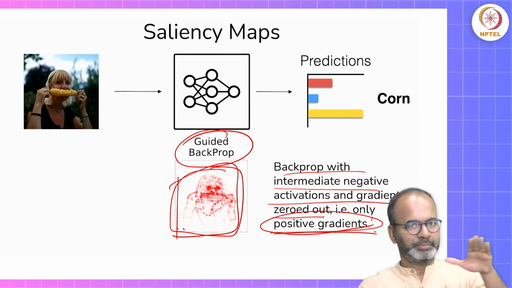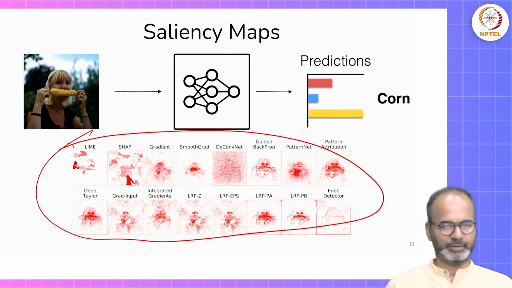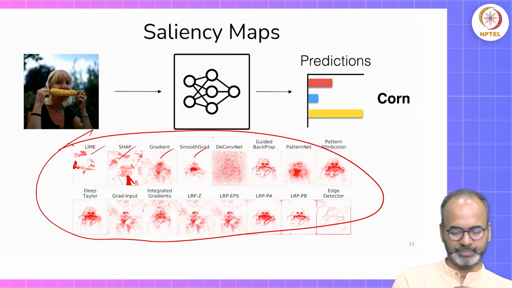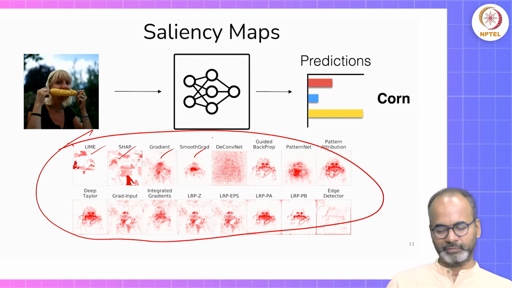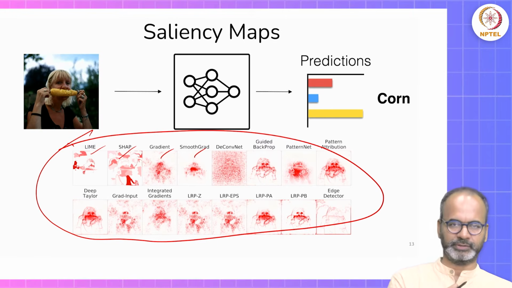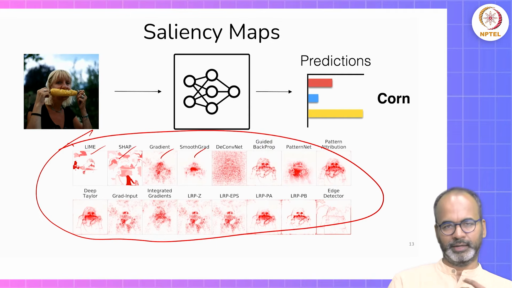So, multiple methods. Next, I'll show you more methods here. We saw only a few, but here is a list of all the methods: LIME, SHAP, gradient, SmoothGrad. There's a whole lot of methods by which you can identify the pixels that are attributing to the classification of the image. And later I will also show you where there is source code for doing all of this yourself.